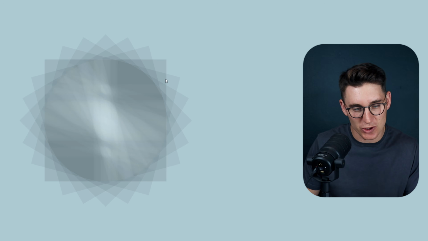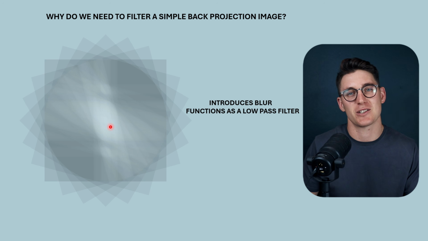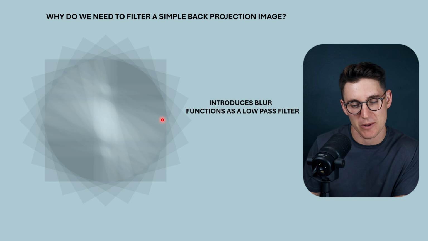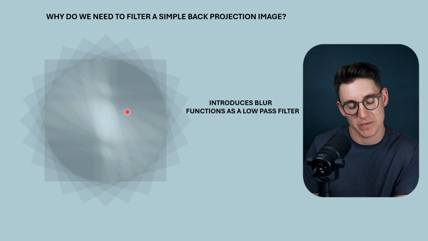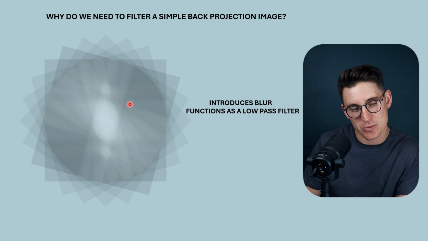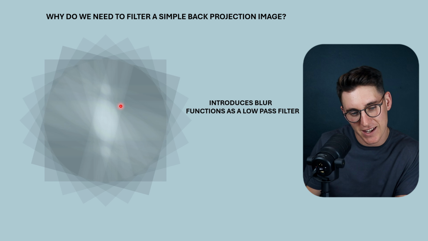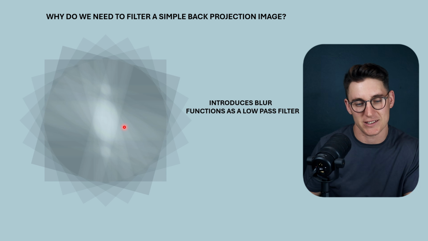Now, I think it's useful to revisit the formation of that simple back projection image and see how we're introducing blur into the image, and we're going to look at what a low pass filter is. Notice that as we add each projection here, we're smearing higher attenuation values beyond the subject that's attenuating our X-rays. There's no attenuation occurring in these regions here, but the data suggests that there is, and that's because of that smearing of the data.